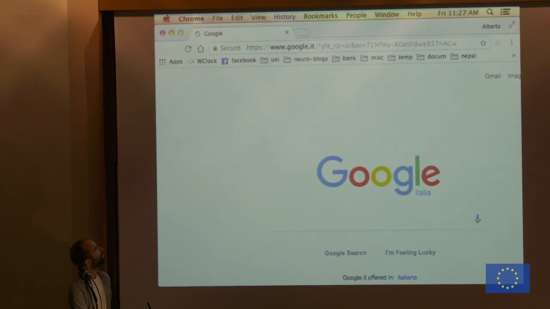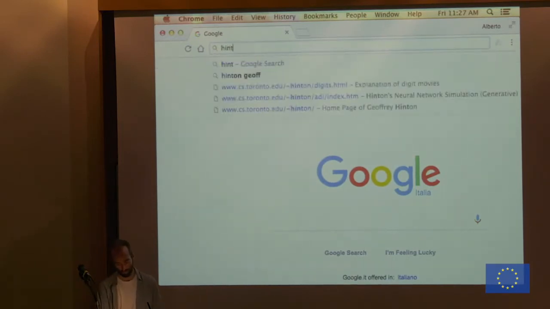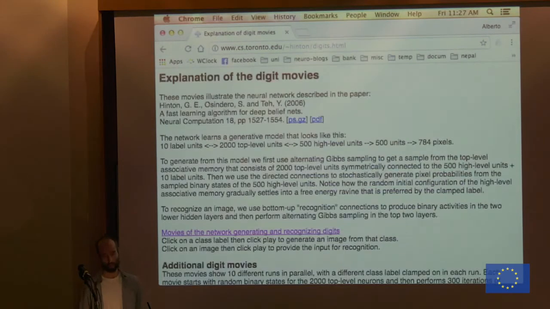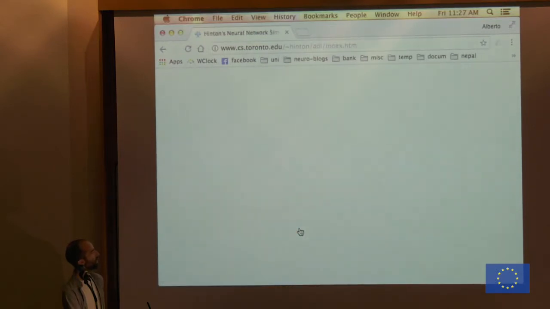So of course, if you ask the network to generate, it will take the letter B and generate something, probably confusing it with an 8. Yeah, exactly. But what would be the quality of the features that will be generated?